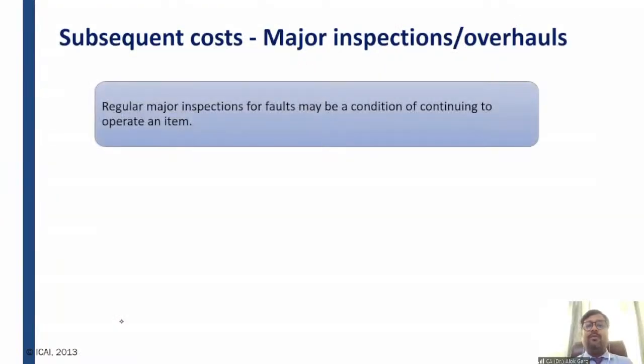Now let's discuss the major inspection or overhauls. So guys, in some industries, for example, the aviation industry, if you see the balance sheet of Interglobe Aviation Limited, the balance sheet of Indigo Airlines, you will find in the property, plant and equipment a component of inspection cost, right?